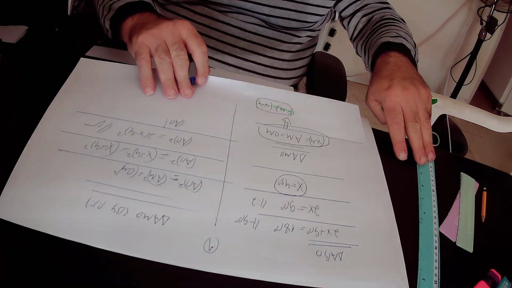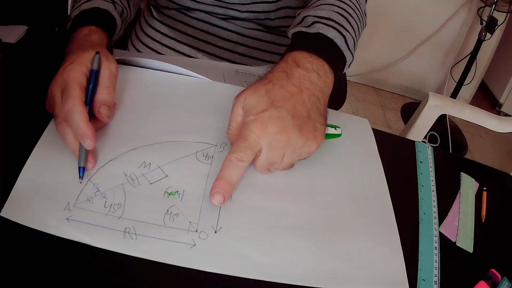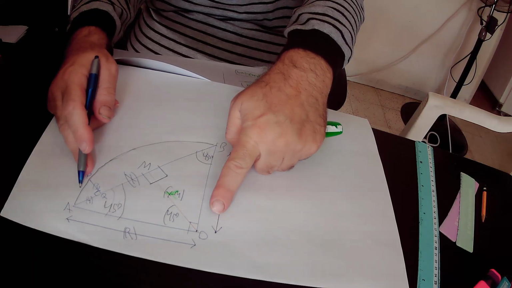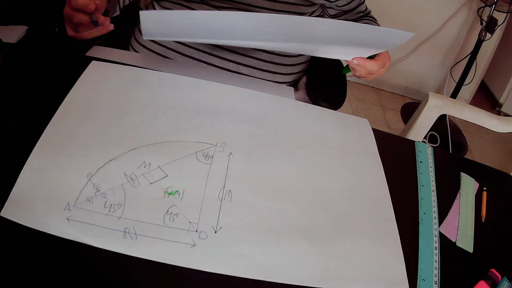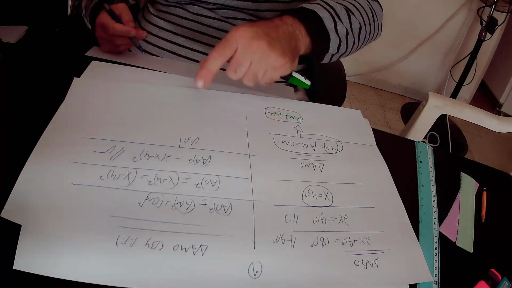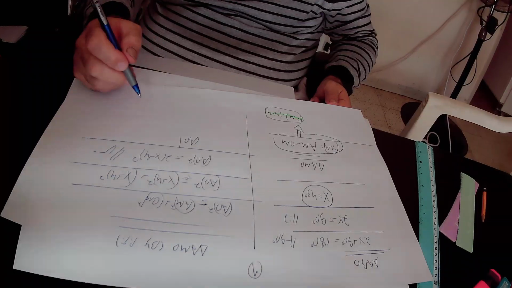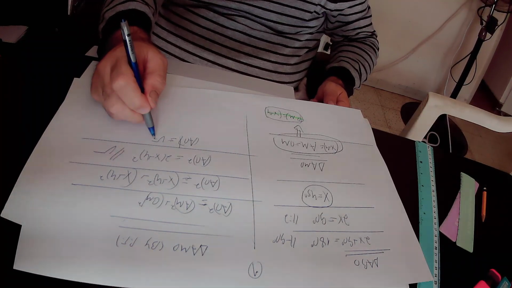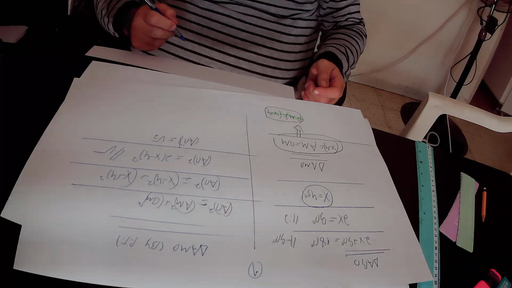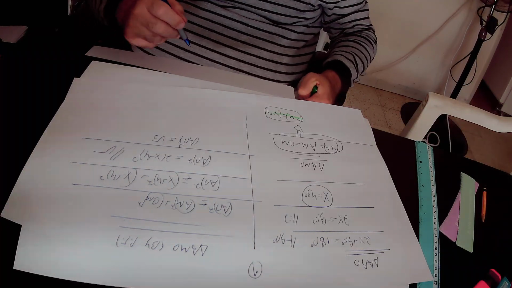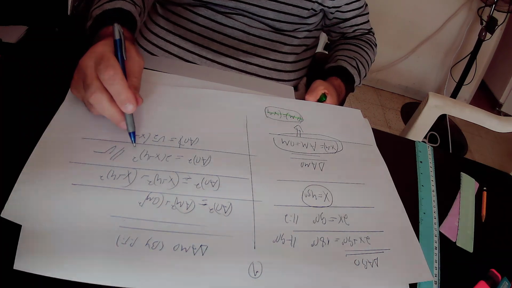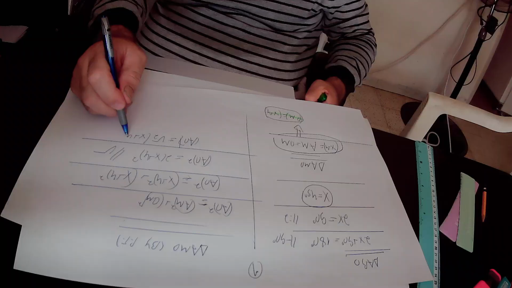AO is the hypotenuse of this right triangle, but AO is also the radius of the quarter circle, equal to R. So the radius AO equals the square root of 2, times the square root of X plus 4 squared, which is X plus 4. The root cancels the square, and we are left only with X plus 4.